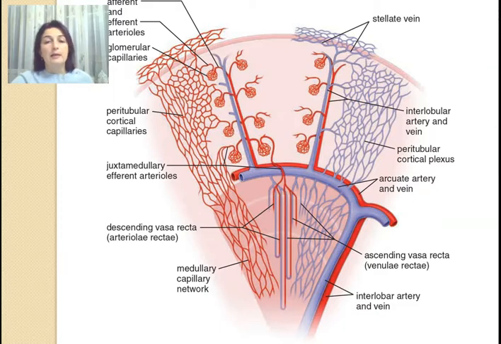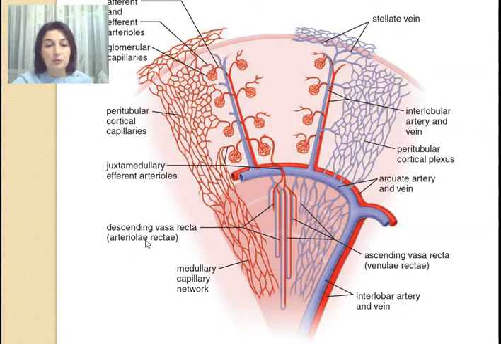Here we see that from the interlobular arteriole arises the afferent arteriole, which supplies the blood into the glomerulus. From the glomerulus arises the efferent arteriole, but in this case, pay attention, the efferent arteriole itself will descend towards the medulla. And here it will form arteriole recti.